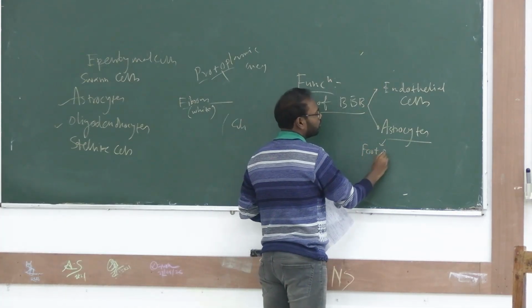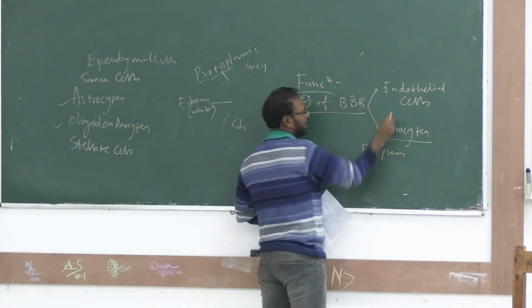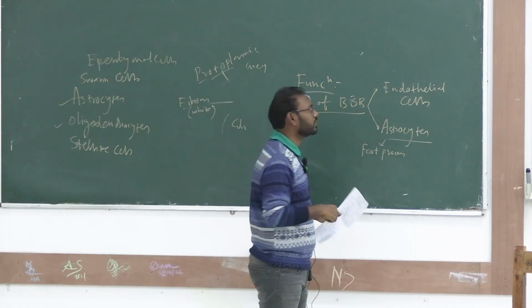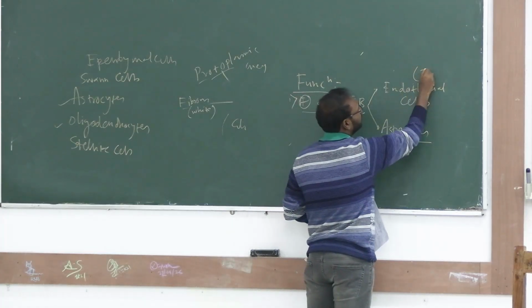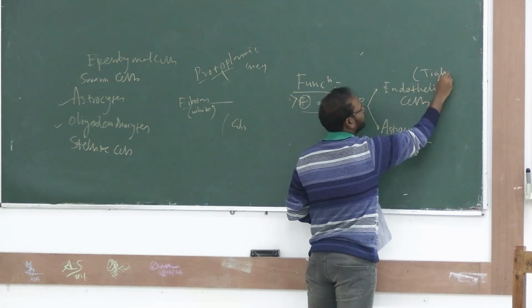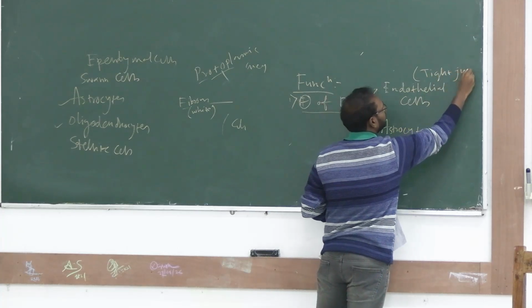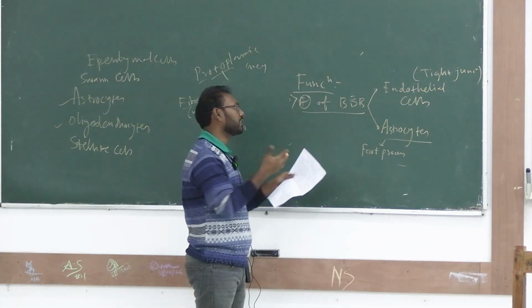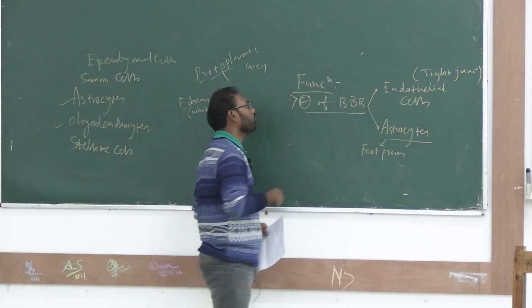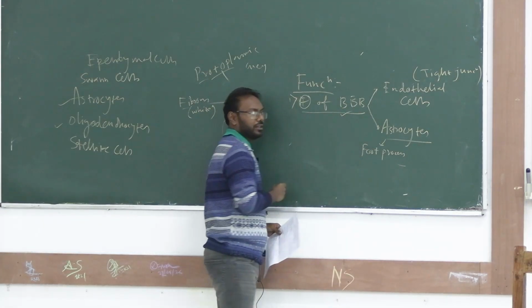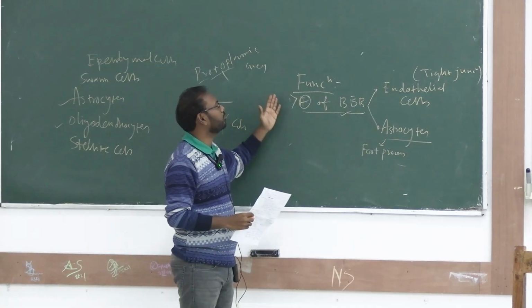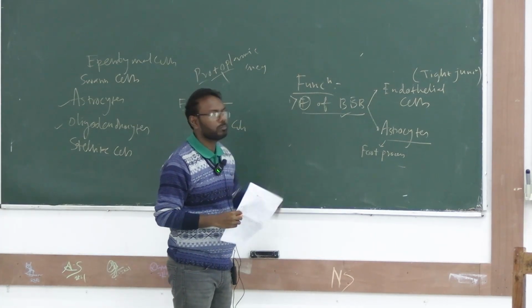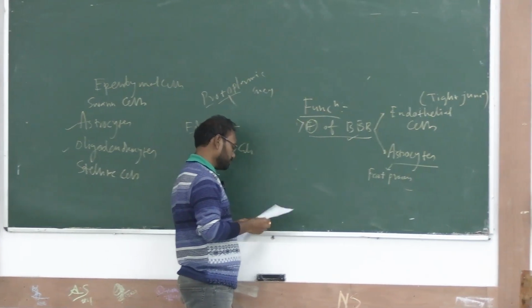So this foot process of astrocytes and these endothelial cells, they have a special kind of junction that is called tight junction. So this tight junction of endothelial cells and the foot process of astrocytes, they actually combine together and form this blood brain barrier, right? So formation of blood brain barrier is the first function of astrocytes, okay.